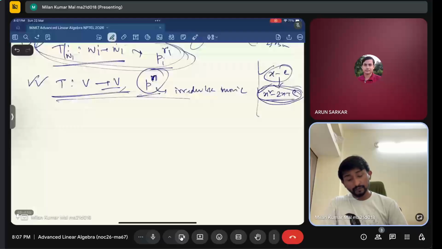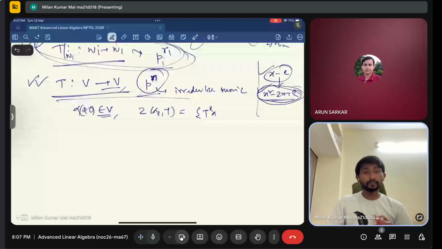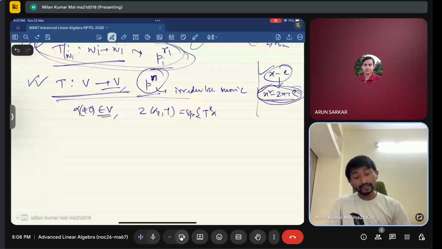Now note that V is a finite dimensional vector space, so alpha, T squared alpha, and so on, after some time it has to repeat; it has to go to 0. Basically, we can't have an infinite set. Here it will be finitely generated. As V is finite dimensional, this will be finite dimensional.